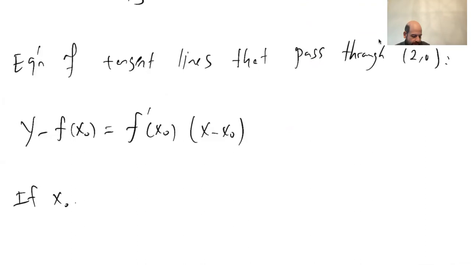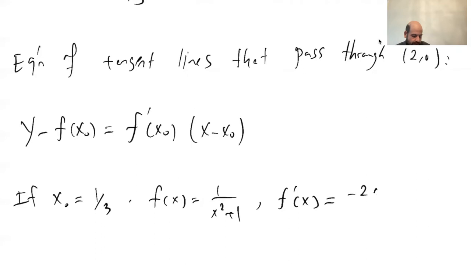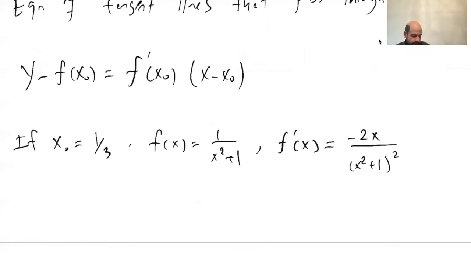So if x0 equals 1 over 3, f of x we know is 1 over x squared plus 1. F prime of x, we know it's minus 2x over x squared plus 1, the whole squared. So then I will have y minus f of x0, replace x with 1 over 3. What do we get? 1 over 9 plus 1, 10 over 9, so 9/10. Equals f prime of x0, replace x with 1/3.